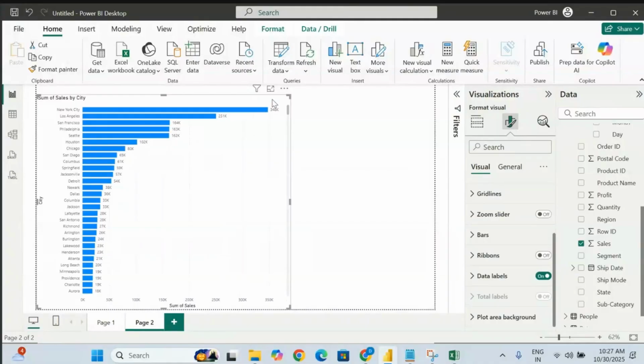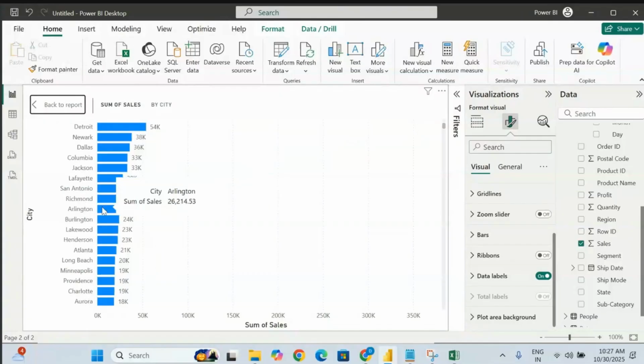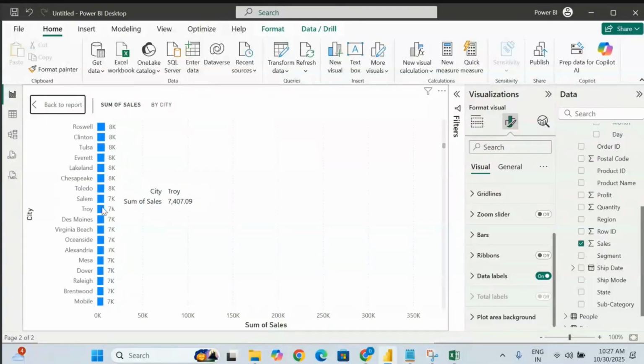Observe. Within seconds, I can understand which cities have the top sales. These 3 cities have the top sales: New York City, Los Angeles, and San Francisco. Not only the top sales, you just scroll up like this, and all the cities' turnover is there. It gives you information in less time.